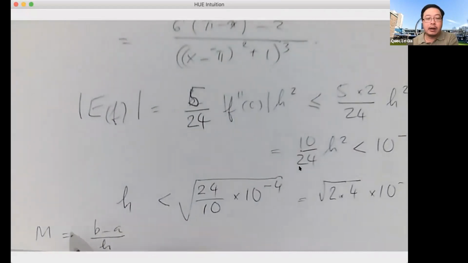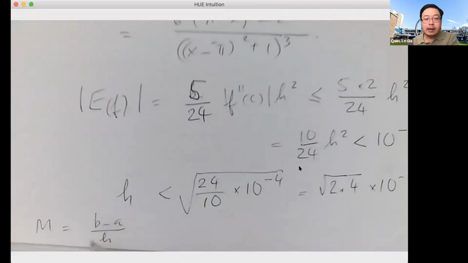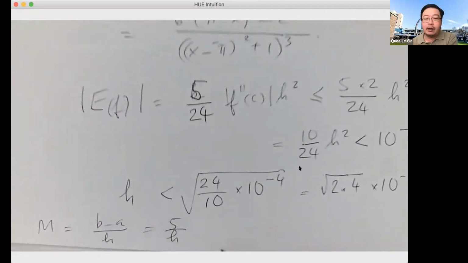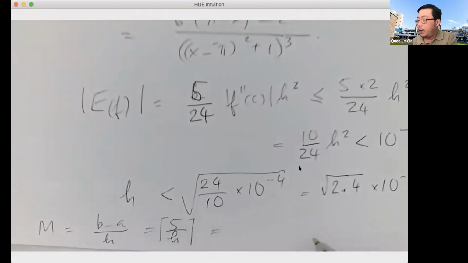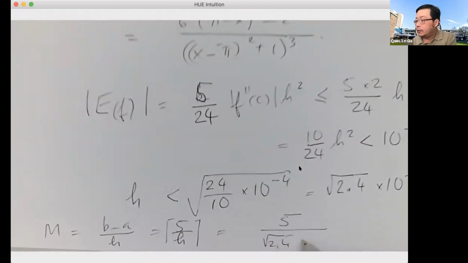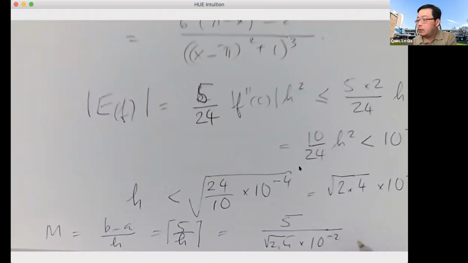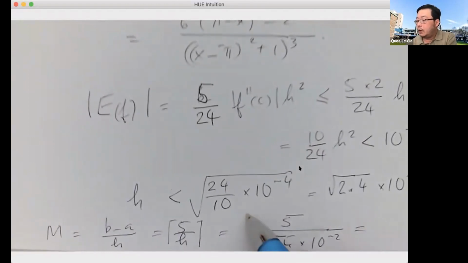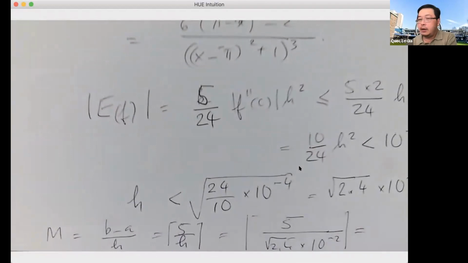Because h is b minus a over m, so m is just b minus a over h, so it's 5 over h. And because it could be non-integer, maybe we take a rounding of this value. So you get 5 over the square root of 2.4 times 10 to the minus 2. So take the rounded value.